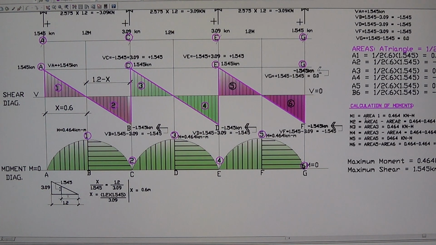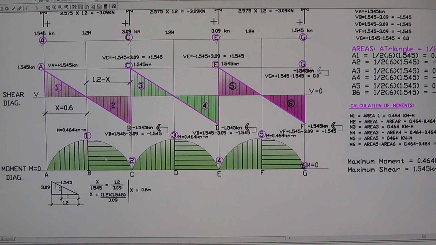Moment 1 is the area 1, which is this one here. The area of this becomes the moment right here, which is 0.464 kilonewton meter.